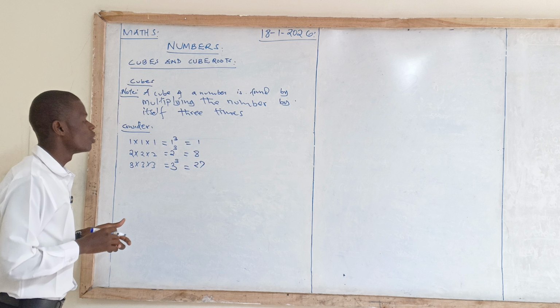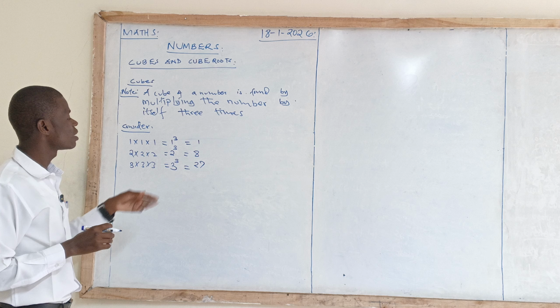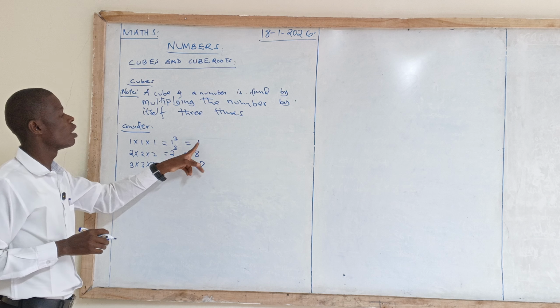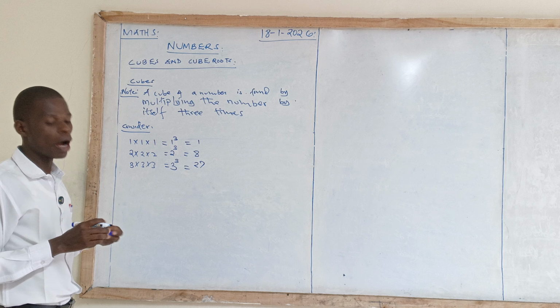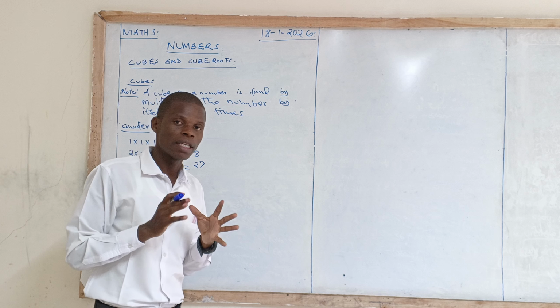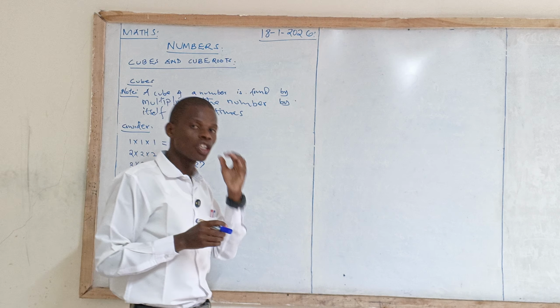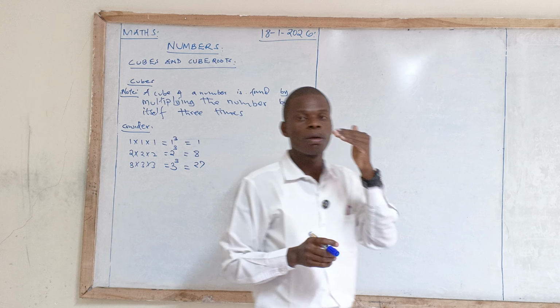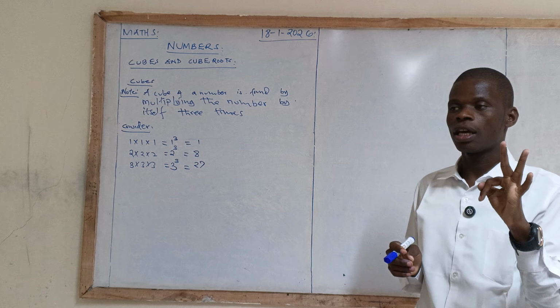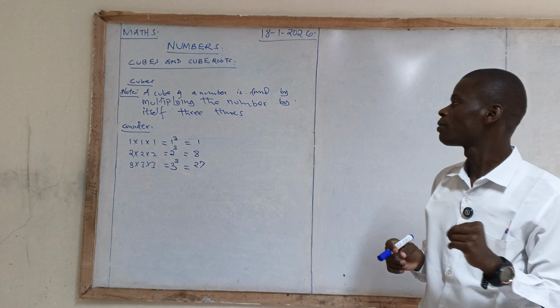So 27 is the cube of 3. 8 is the cube of 2. 1 is the cube of 1. So the cube of a number is a number multiplied by itself 3 times, or the cube of a number is found by multiplying that number by itself 3 times. I hope you are getting that.